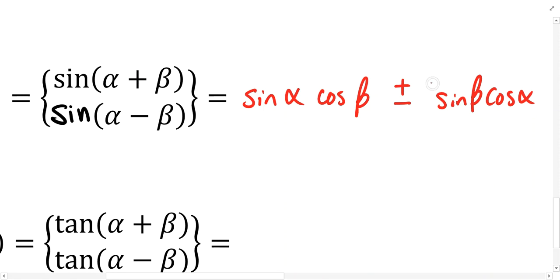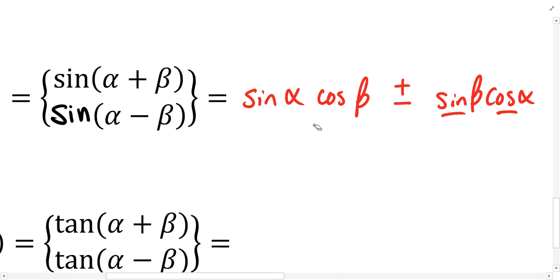So the sum identity requires the sum of these two groups. The difference identity requires the difference of these two groups. And I think this would be a fine answer. When I write this, I retain the order of the trig functions: I always write sine, cosine, then cosine, sine.